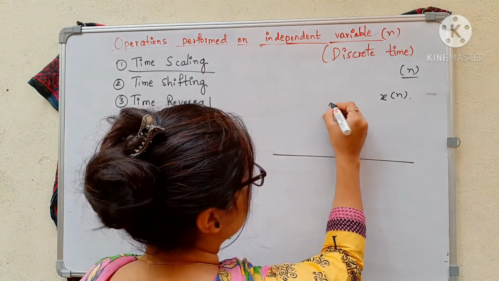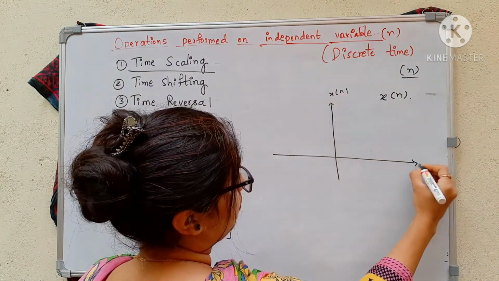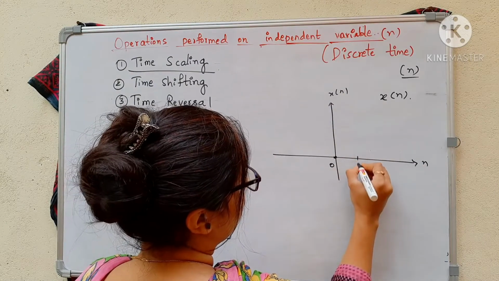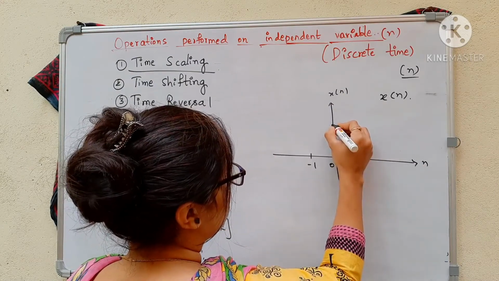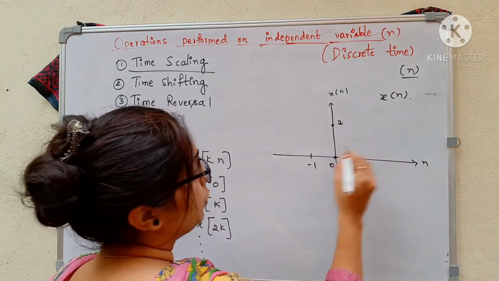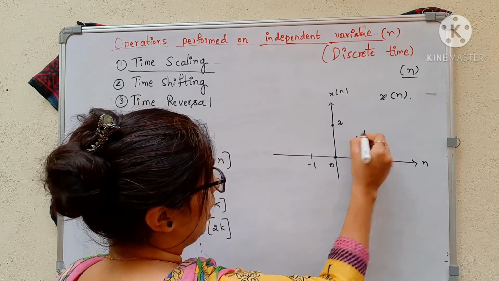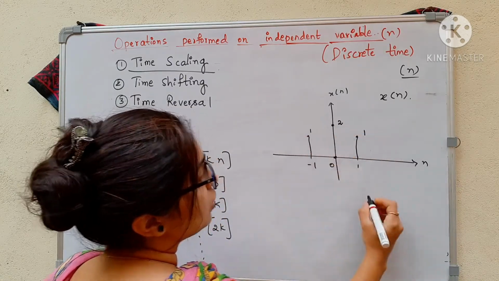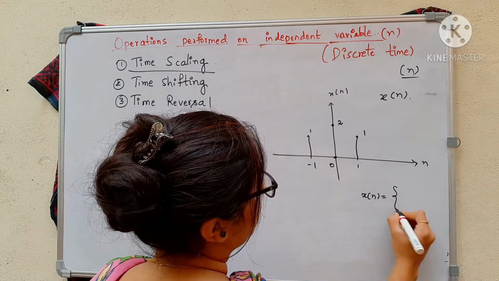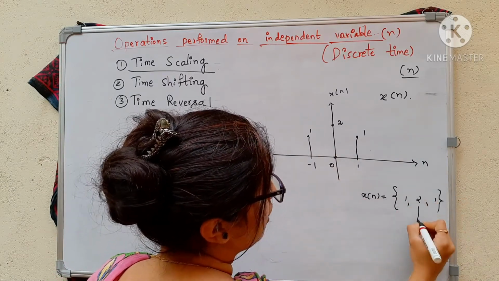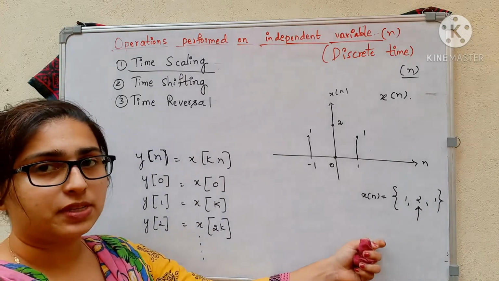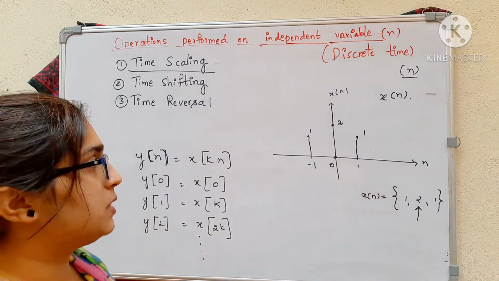Basically, this is our x of n, with values at minus 1, 0 and 1: the value at 0 is 2, and the values at minus 1 and 1 are 1. So x of n is 1, 2, 1. This is our sequence representation of the discrete time signal.